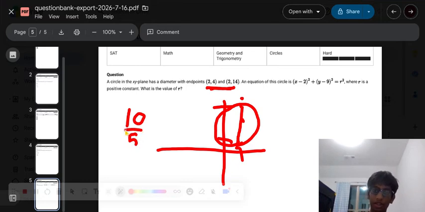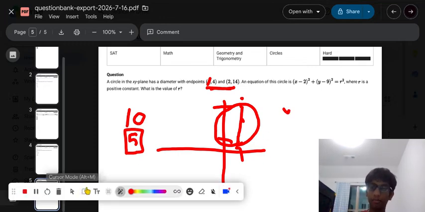But if you want to do this the harder way, as if there wasn't a 2 here, there was like a 3 and this had something else, you just use the distance formula, which is just a modification of the Pythagorean theorem, right? It'd be, let me actually write that.